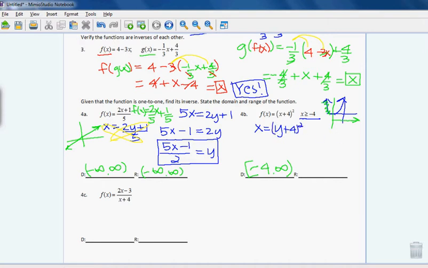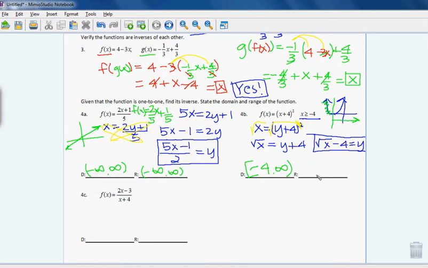And I need to get y completely alone, so I'm going to take the square root of both sides so I can cancel out that 2. So then I'm left with the square root of x equals y plus 4. And then I'm going to subtract 4. So the square root of x minus 4 equals y. So this is my inverse function.